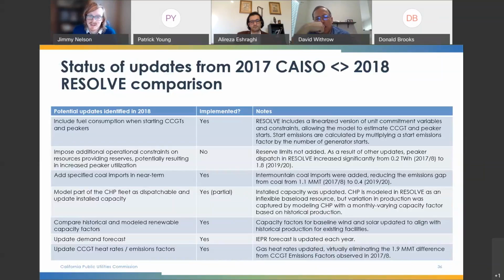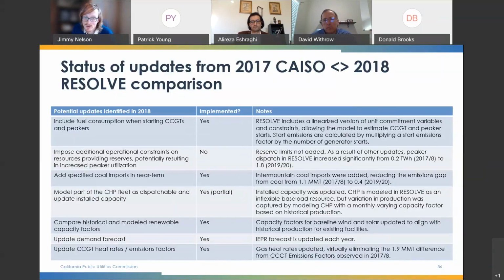We did add specified coal imports, which shrunk the difference that we see between actual and modeled for coal. We partially modeled some of the CHP fleet as dispatchable. It isn't actually dispatchable in Resolve, but we do vary the capacity factor by month, so that does provide a profile to the energy.